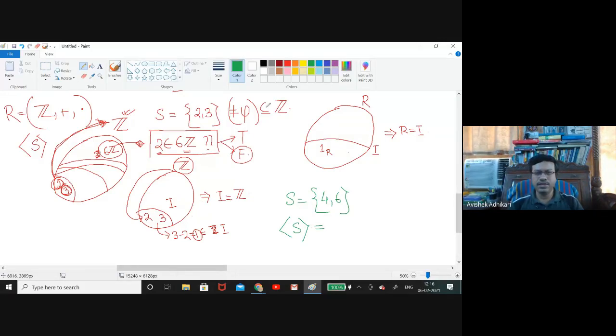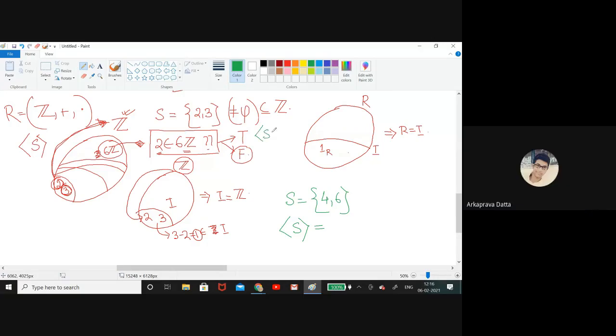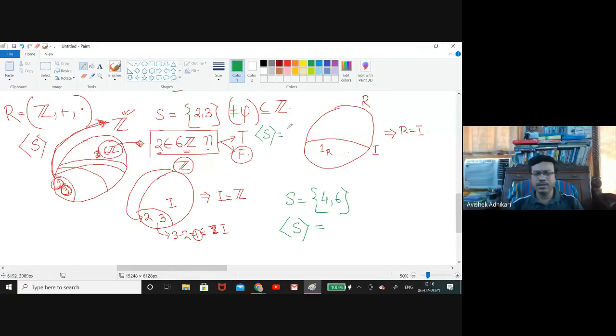So here the answer was, the ideal generated by this was whole Z. Now what is this? Okay, somebody tried to give me some answer. What was that? 2Z. Okay, somebody told me 2Z.